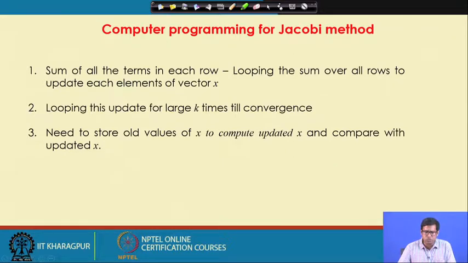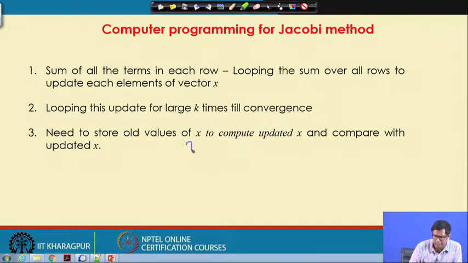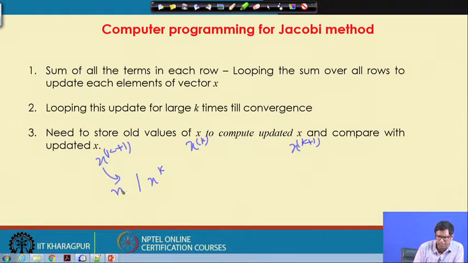Also, you need to store old values of xk. It will be used to compute the updated xk plus 1, and it also has to be compared with the updated x. So, x at the kth level has to be stored to calculate x at k plus 1, but once we calculate this, we cannot discard this variable, because it is further needed to compare with xk plus 1: we have to see what is the max over i of xi k minus xi k plus 1.